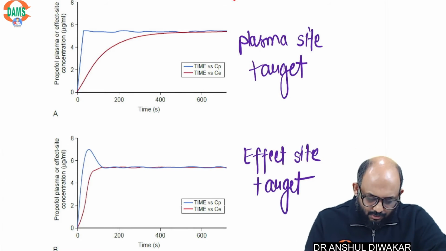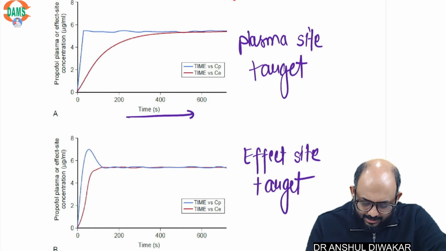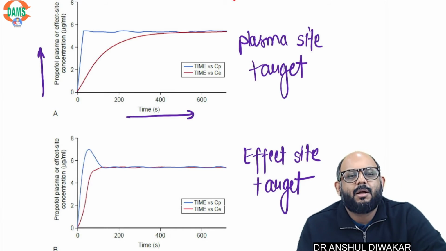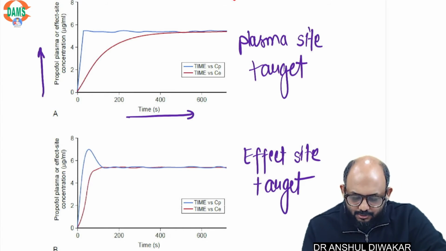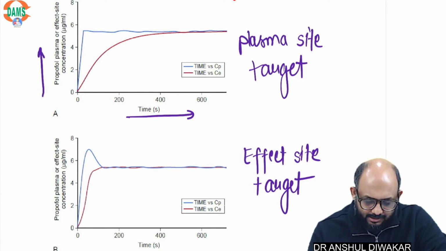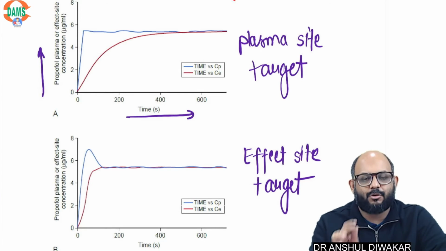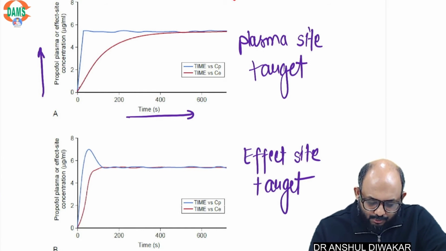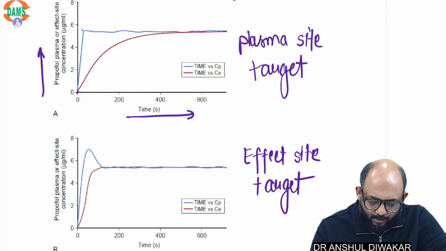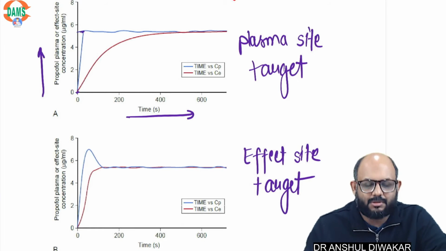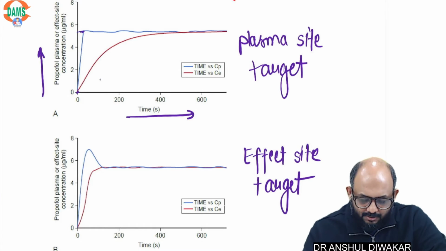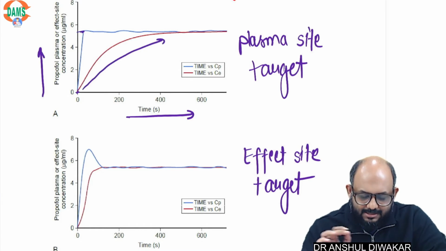See, when you have a plasma site target, this is the time and this is the concentration at the level of plasma in microgram per ml. Suppose I've decided 5 microgram per ml is what I need. From 0, the infusion rate would be set so that you achieve this 5 as soon as possible. But when you give it at 5 and then maintain at 5, the effect site concentration rises gradually.